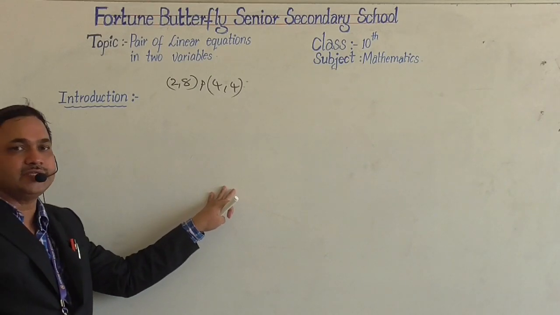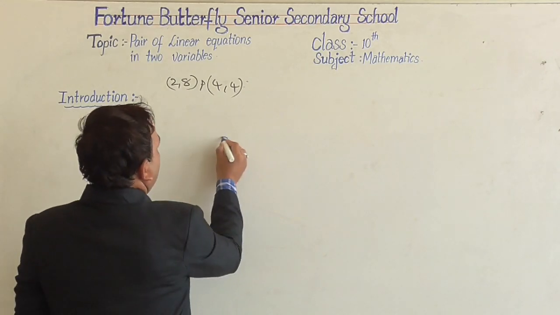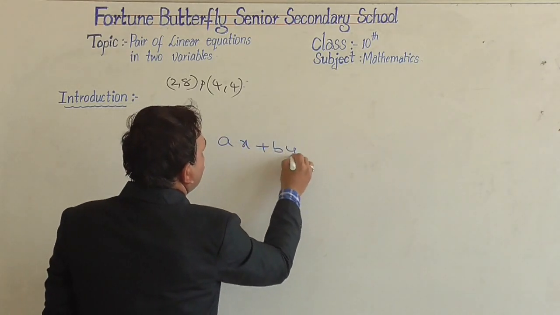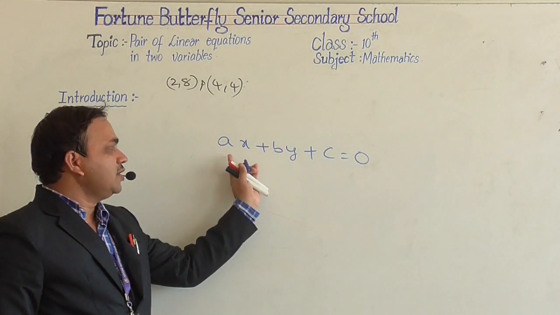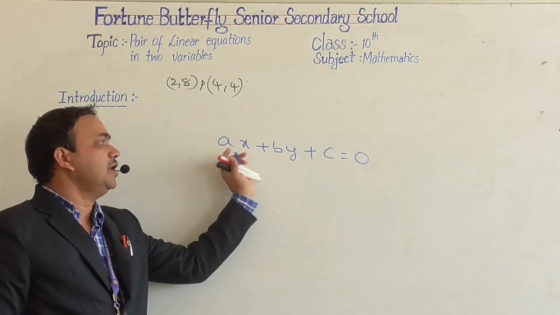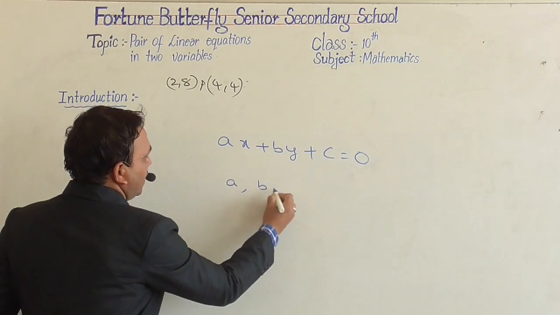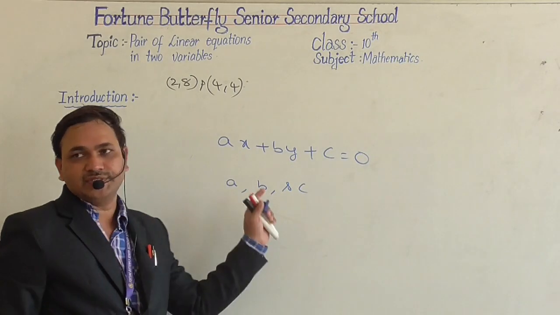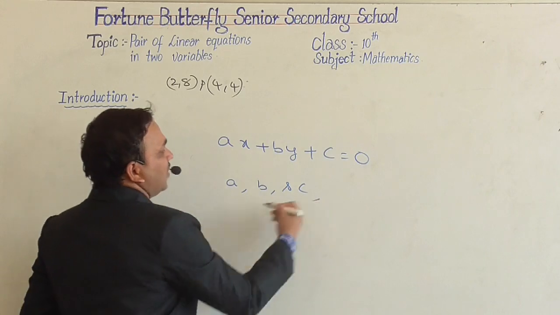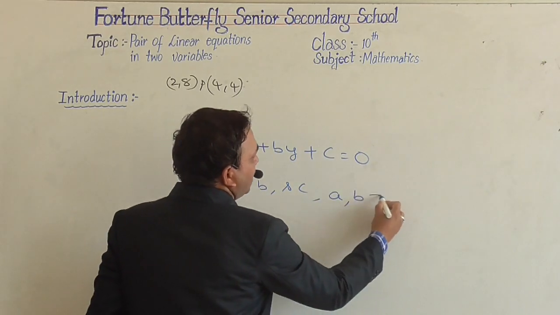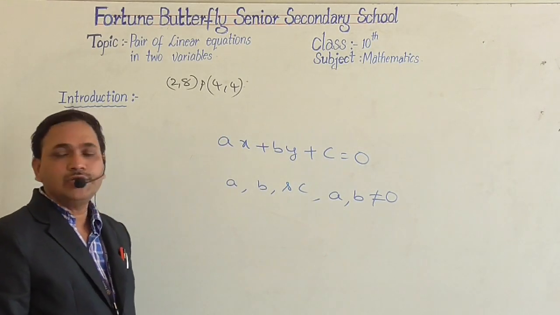But the exact topic is the general form of the linear equation in two variables, ax plus by plus c is equal to 0, where a, b and c are real numbers, and the condition is a, b not equal to 0.